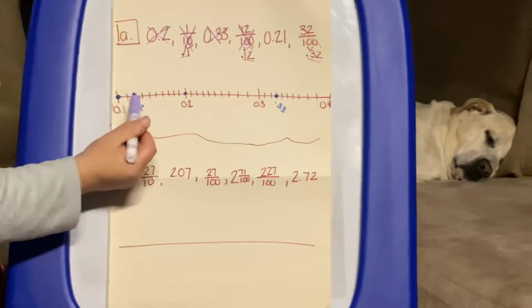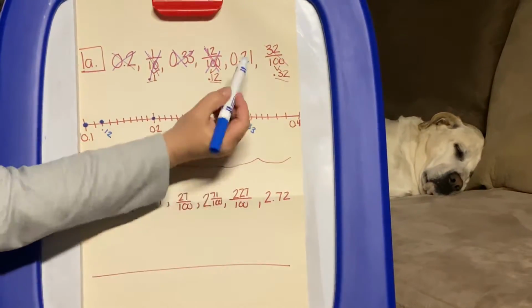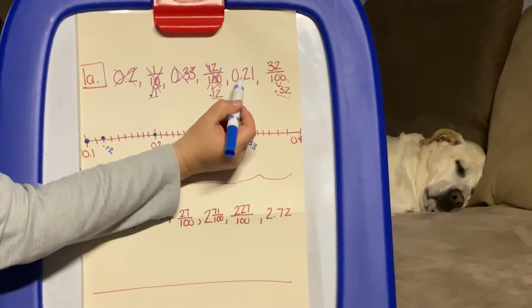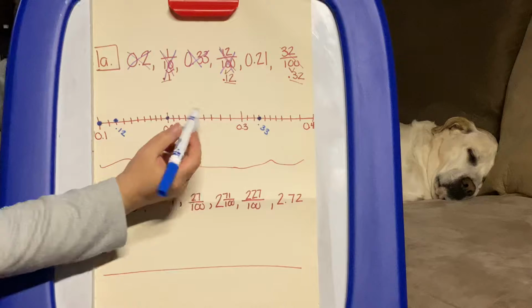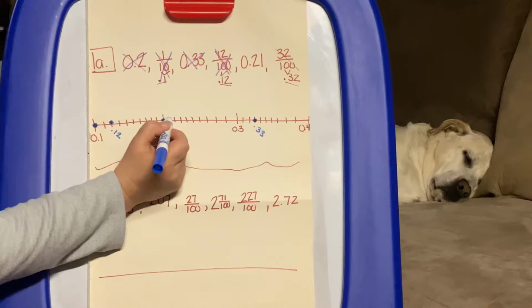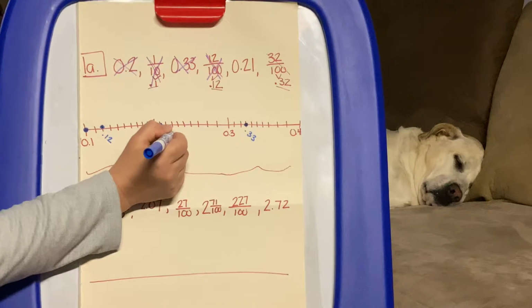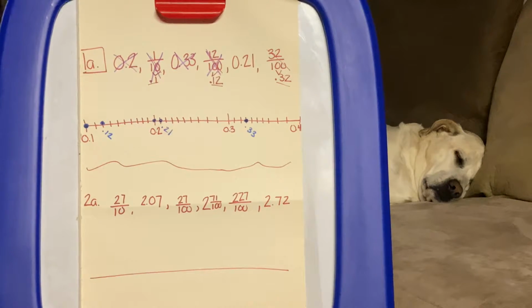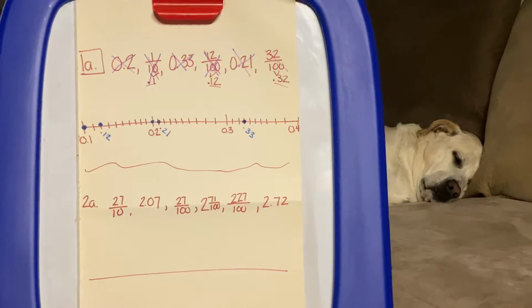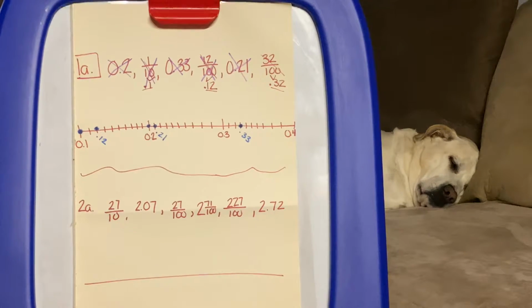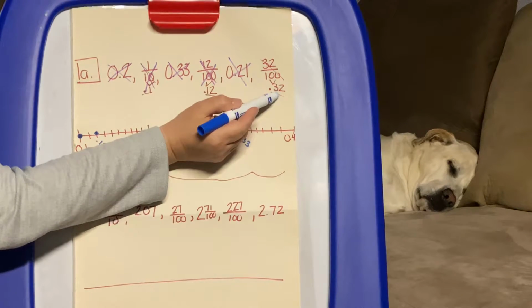But for the ones that are sitting off, you can definitely mark. It's a great idea. Then we're moving over here. 0.21. Well, here's my 0.2. So I'm going to jump to the next one. That is 0.21. I'm going to write it right next to it so I know that it's there. And I'm going to scooch back up here and cross this off because I know that I already completed that one. My last one, I've turned my fraction into a decimal.